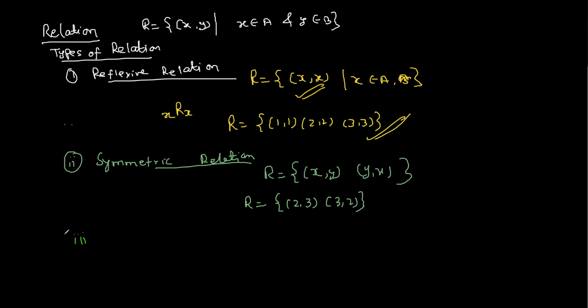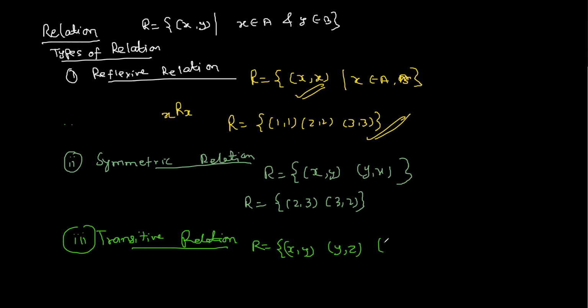The third one is transitive relation. What is transitive relation? If x comma y is related and y comma z, then x comma z must be there.